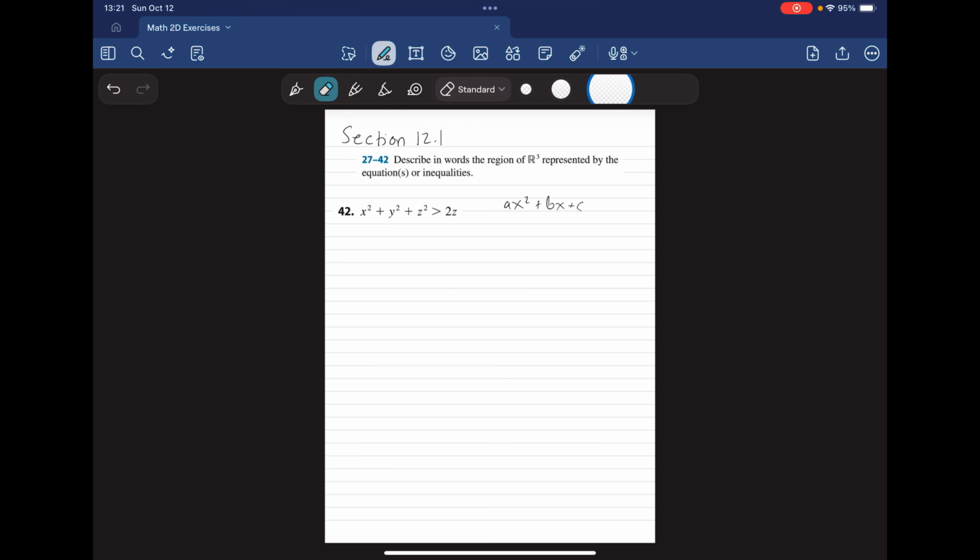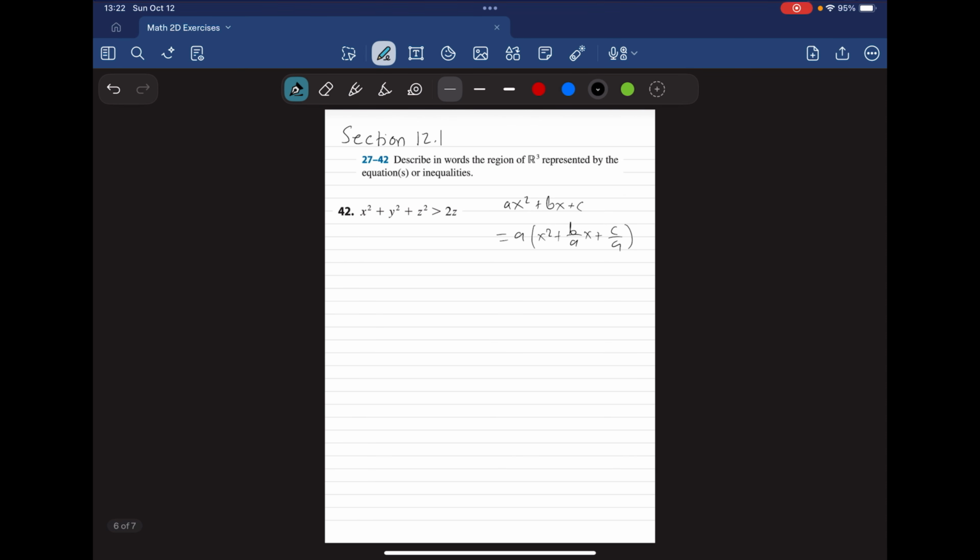So the first thing we're going to do is factor out the a from everything here, the leading coefficient. So now, all we need to do is worry about this polynomial right here.